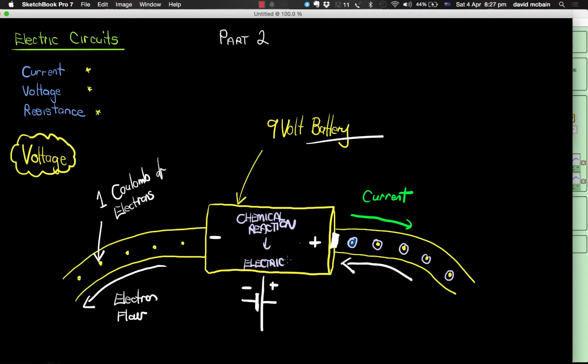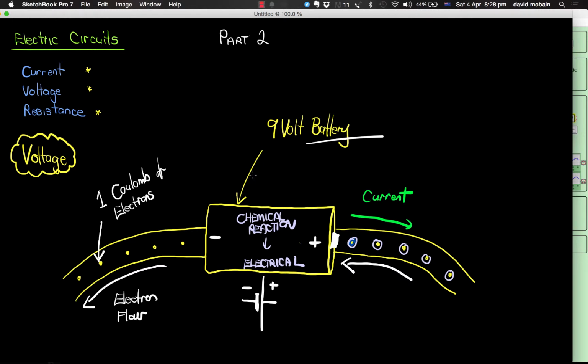Now the details of the chemical reaction is something you would learn in Year 11 chemistry. We don't need to actually talk about the chemical aspects of what's going on inside the battery. All we need to be aware of is that the result of this chemical reaction is that these electrons, as they pass through the battery, gain energy.